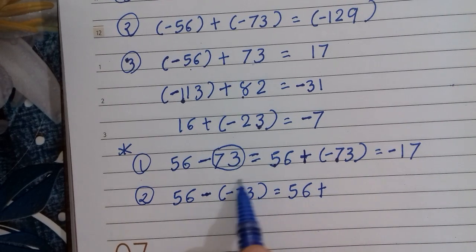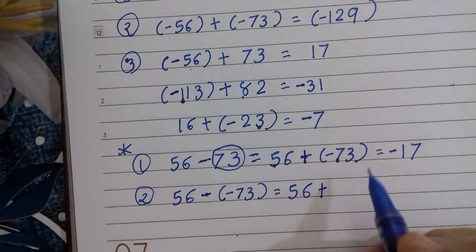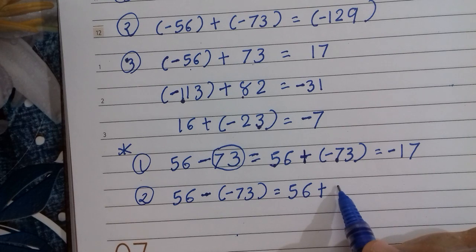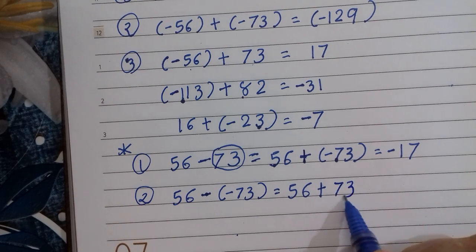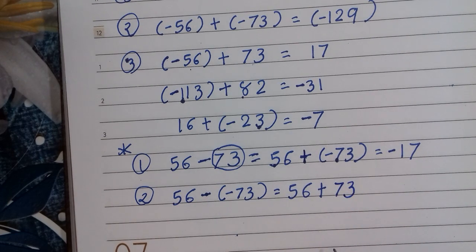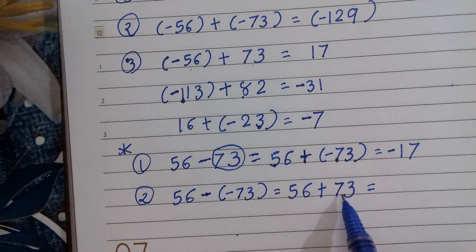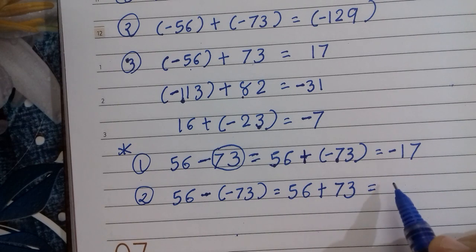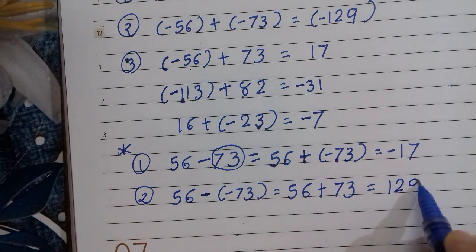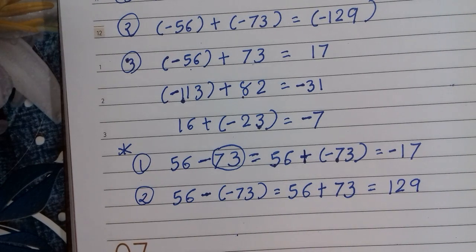And the additive inverse of minus 73 is plus 73. So here both the integers are positive. When two positive integers are added, we get a positive integer. So the answer is 129.